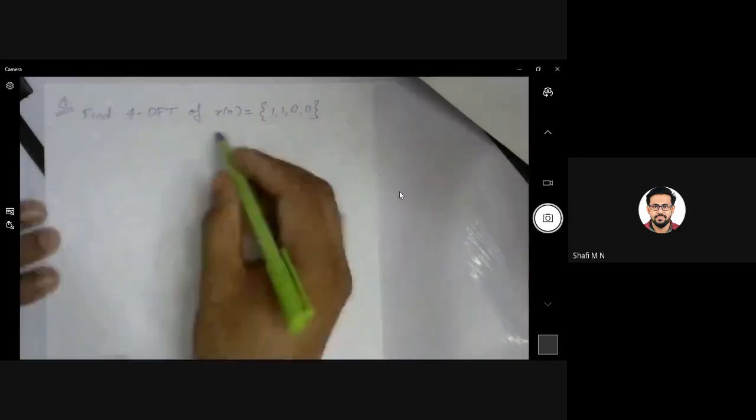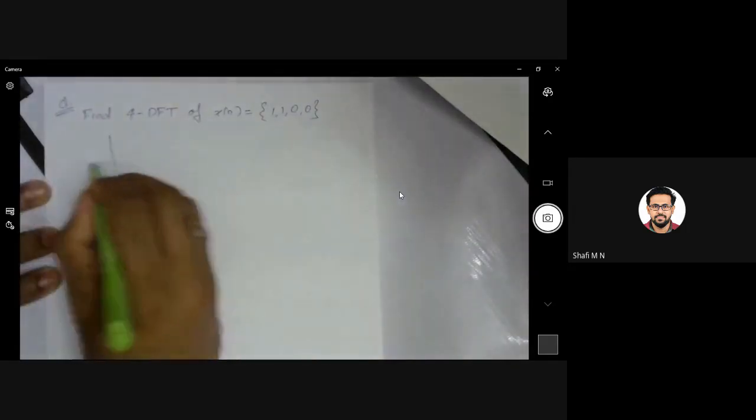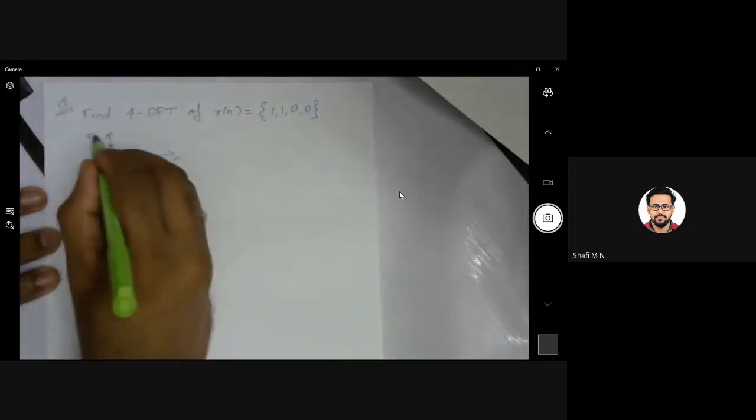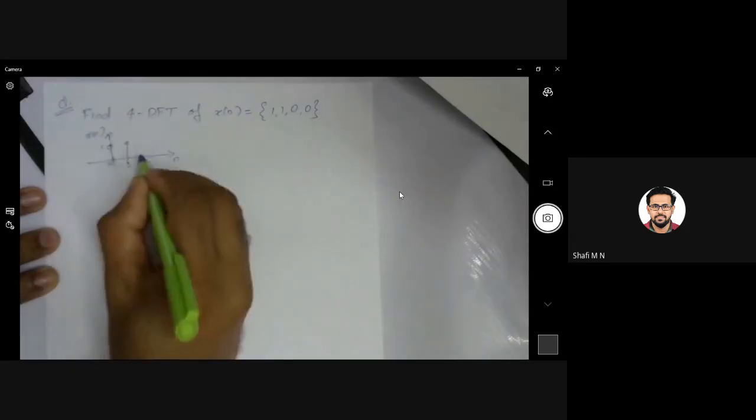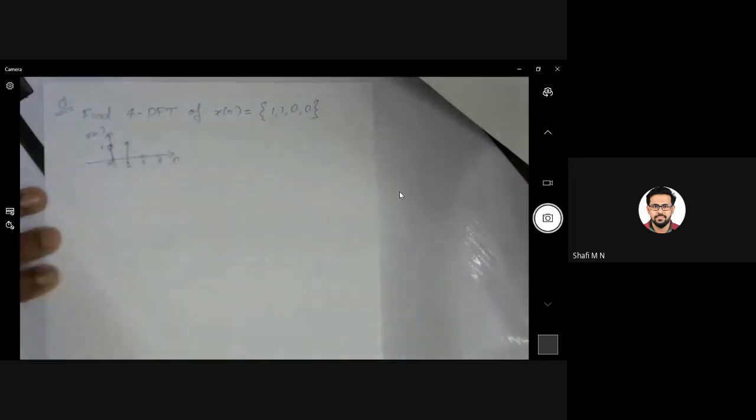Let me try to plot it in the time domain. Okay. So this is n. When n equal to 0, the sample value is, this is x of n, 1. The next sample value is also 1. Then for 2 and 3, the values are zeros. So is it periodic or non-periodic right now? It's a non-periodic signal, right?